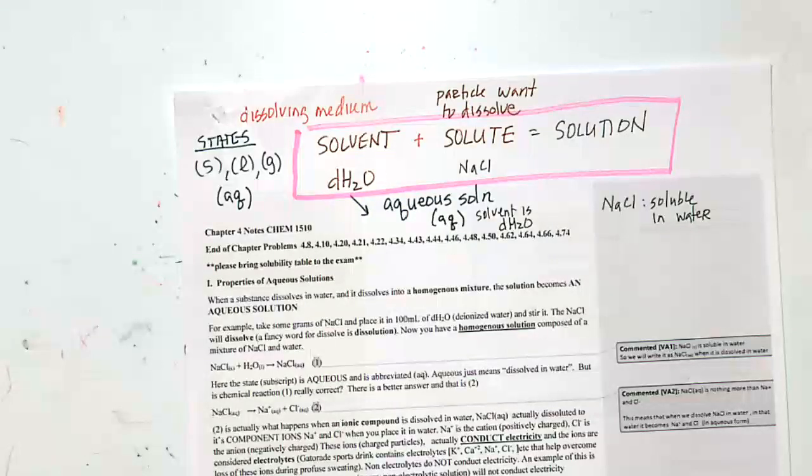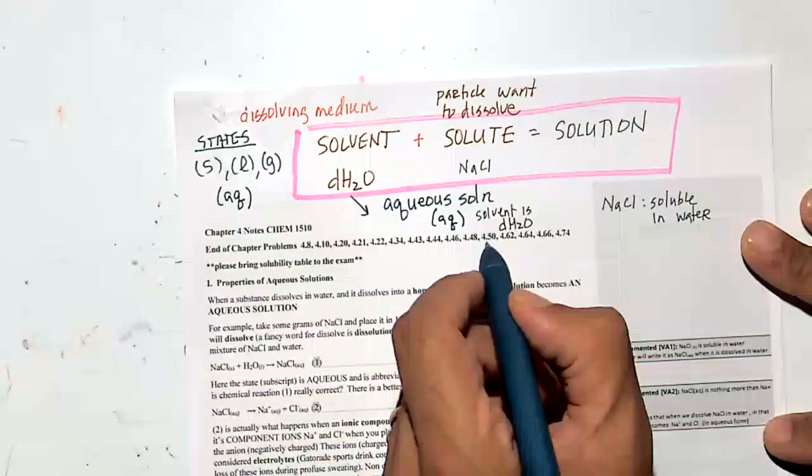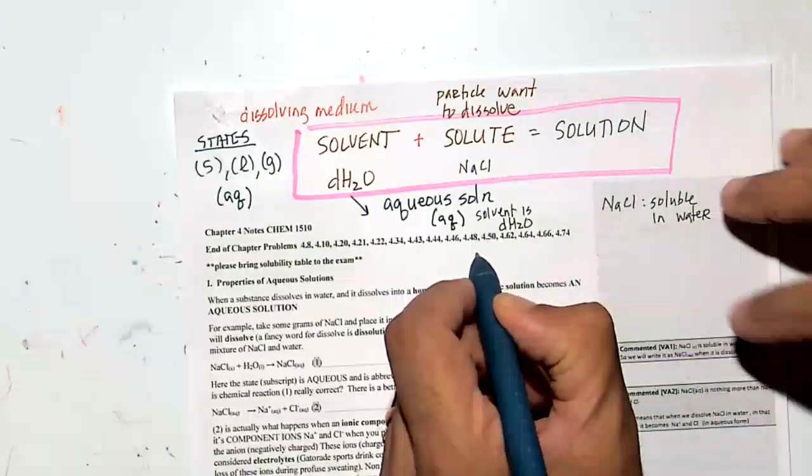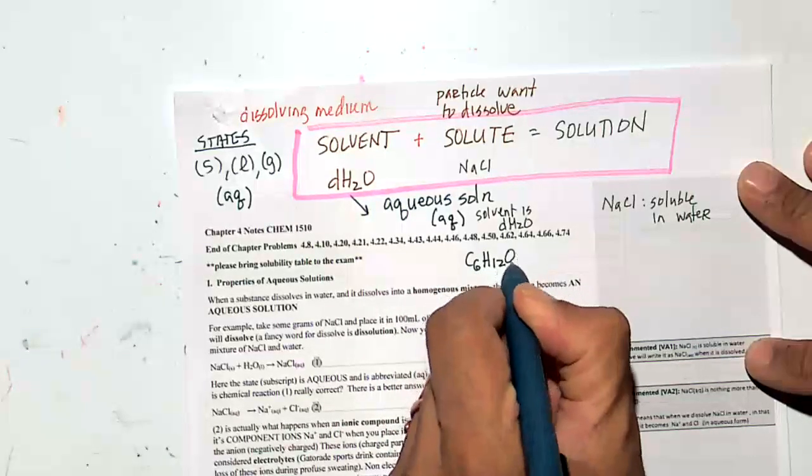So sucrose is another form of a sugar. Even though they're not exactly the same, I'm just going to call it glucose. Even sucrose is just glucose with something else, but I'm just going to call it another sugar, and that's glucose. So the formula for glucose is not NaCl. It's C6H12O6.